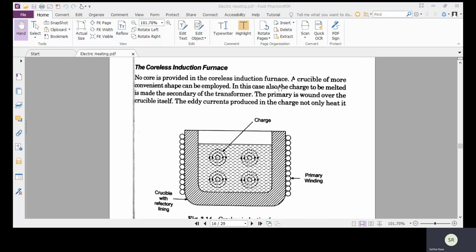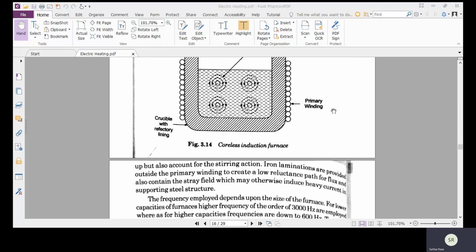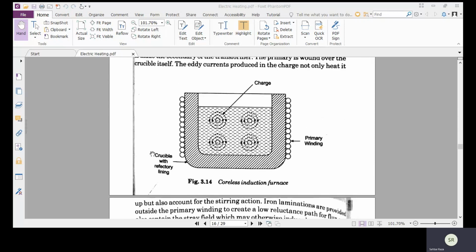A crucible of more convenient shape can be employed. In this case also, the charge to be melted is made the secondary of the transformer. The primary is wound over the crucible itself. The eddy current produced in the charge not only heats it up, but also accounts for the stirring action.